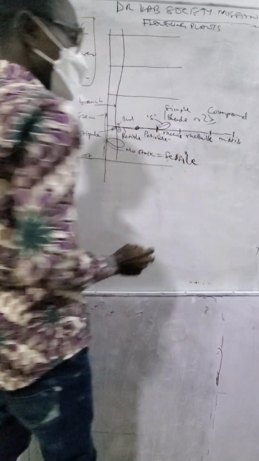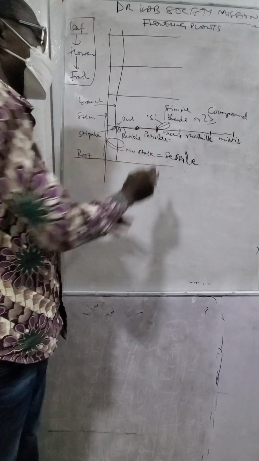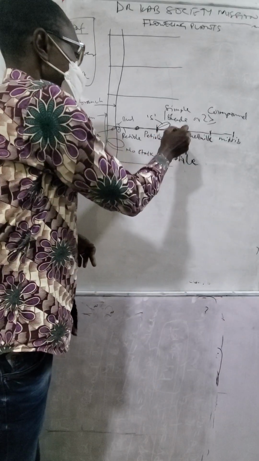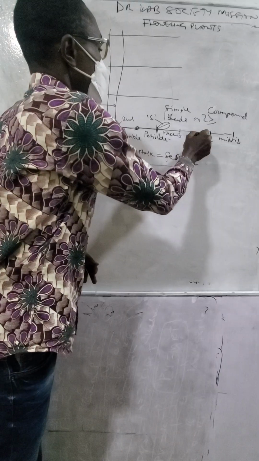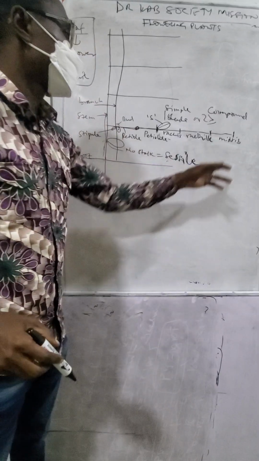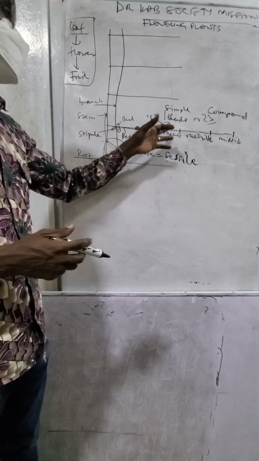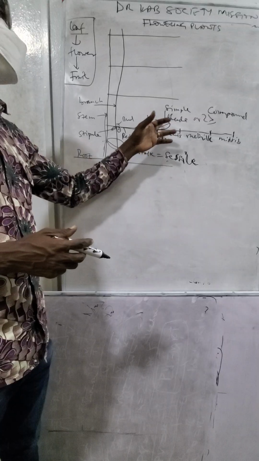Okay, so at this point you can have branching coming in. You can have the rachis, you can have the brachiole, you can have the midrib. Once you start having branches, it means you are going to have more than one leaf or one leaf blade.